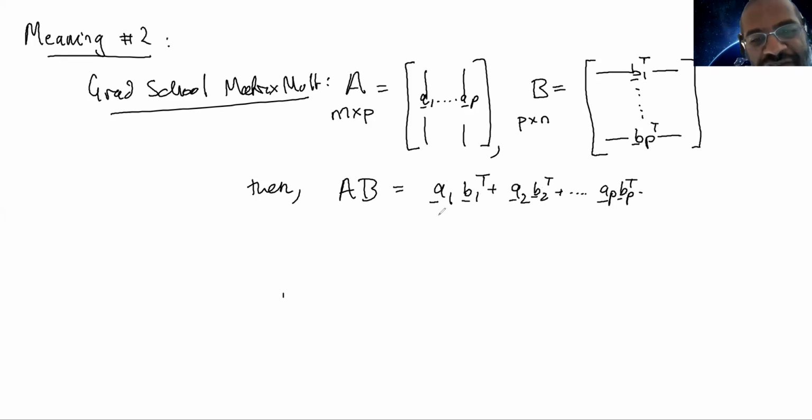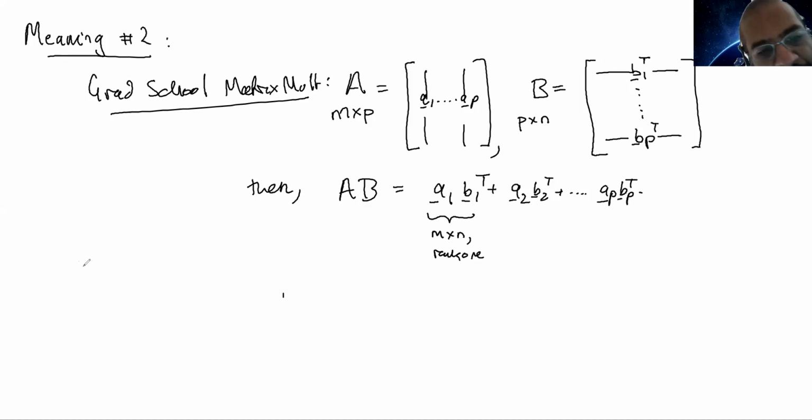Each of these things is an m by n matrix, right? It's an m by 1 matrix times a 1 by n matrix, so it's an m by n matrix. And each of these is a rank 1 matrix because every column is a multiple of A1. So this is something you can algebraically verify, but this is yet another way to think about matrix multiplication.